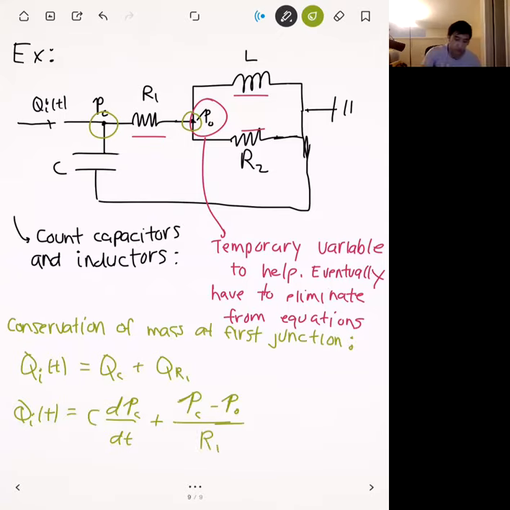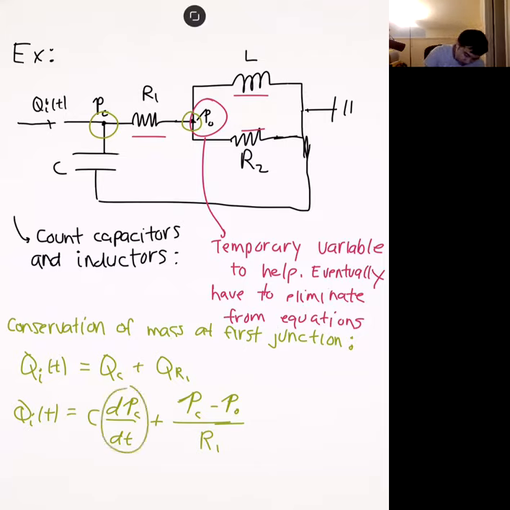Now we can solve this expression for dpc dt. dpc dt is equal to 1 over c times Qi of t minus Pc minus Po divided by R1.